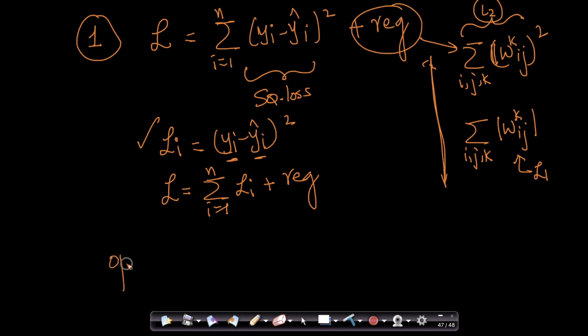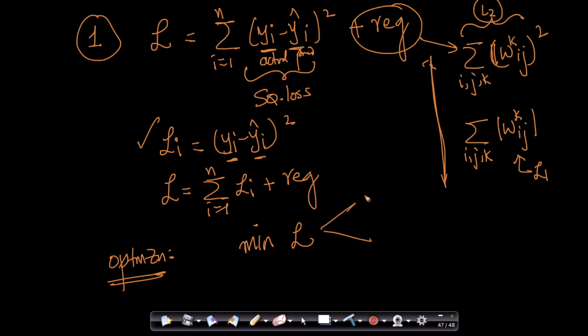How will my optimization problem look now? It will say minimize the squared loss, because you want to minimize the squared distance between your predicted value and your actual value. These are your actual values and these are your predicted values of y. So minimize L, where L consists of squared loss.